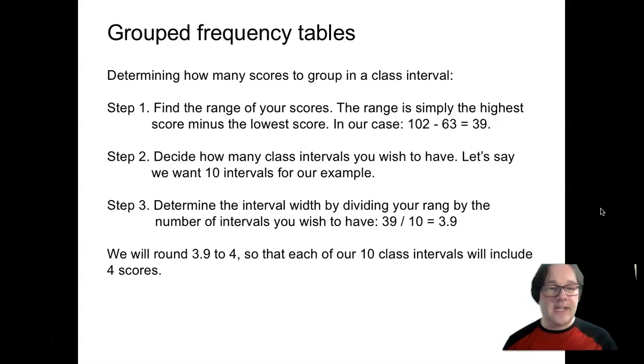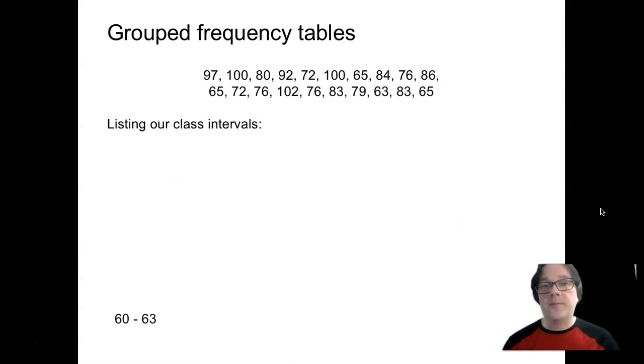Okay, so let's see exactly how this is going to work. We have our data that I said let's use as an example. We'll start by listing our class intervals, right? We will start at 60, and remember, each of these class intervals is going to have 4 scores in it. So our first interval will be from 60 to 63.